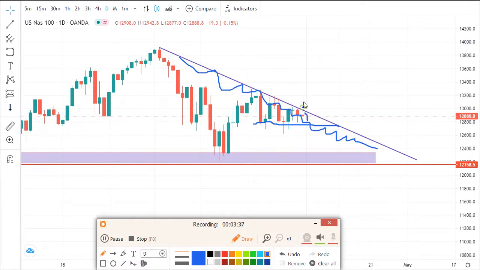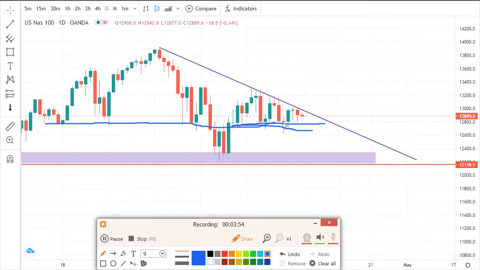It means we have to break this area and go higher. But for now, NASDAQ is still on a bearish momentum. See that? So be careful when you buy. You can buy around this area, but remember that we are on a bearish momentum on a bigger time frame. I hope you can see that.